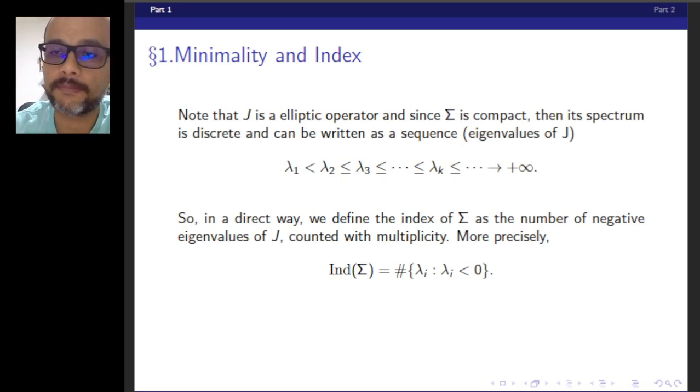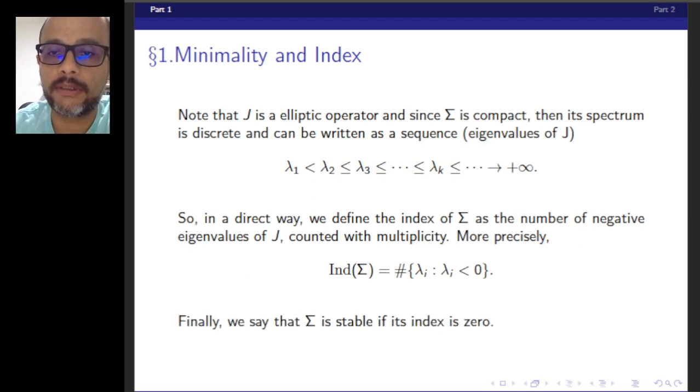Such a number has a geometric interpretation, as I said. So finally, we say that sigma is stable if its index is 0.